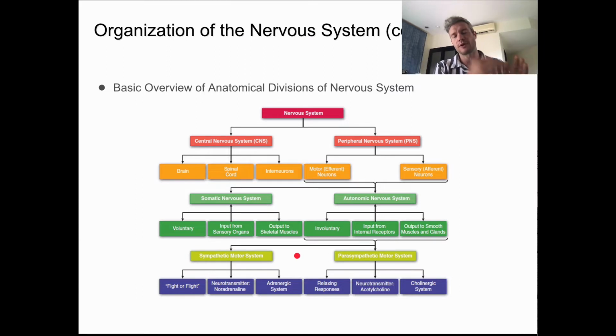It's come up before, I believe it was the cardiovascular system, where I said that there's one part of our nervous system that is fight or flight and another that is rest and digest. So that's these two systems here. So our sympathetic nervous system is fight or flight, and parasympathetic is relaxation and digestion.